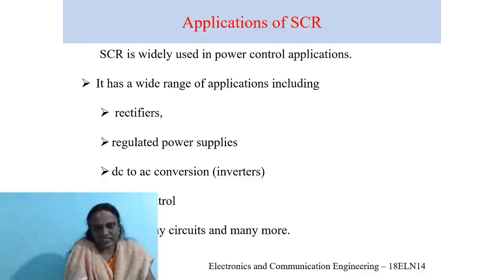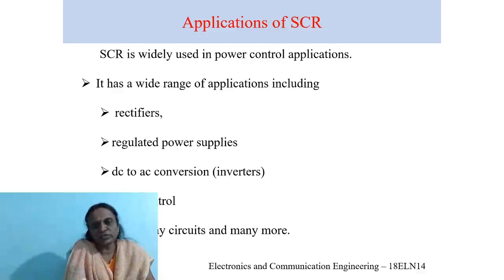Knowing all these concepts of the SCR, now slowly we can see where exactly it is used. We were discussing that an SCR can't be turned off. Once the SCR is turned on, how to turn it off? We go for the commutation technique.